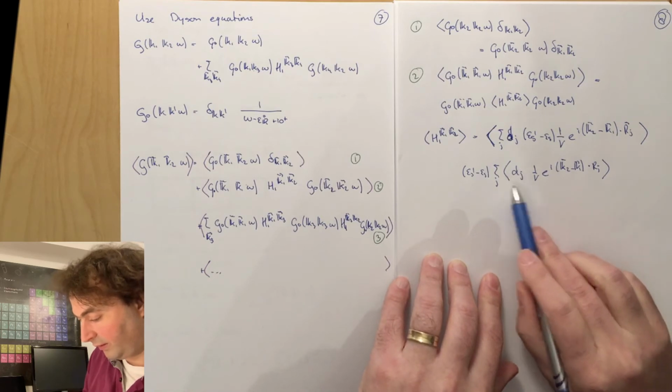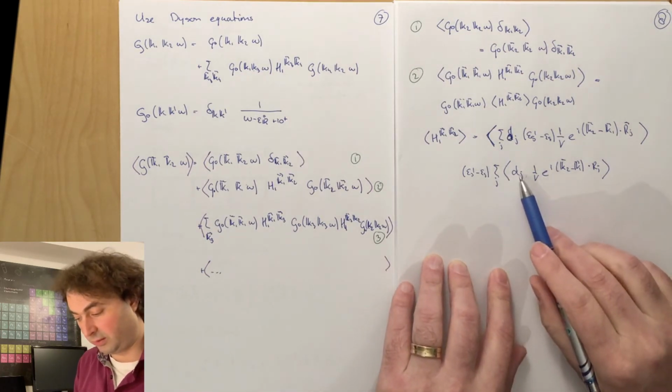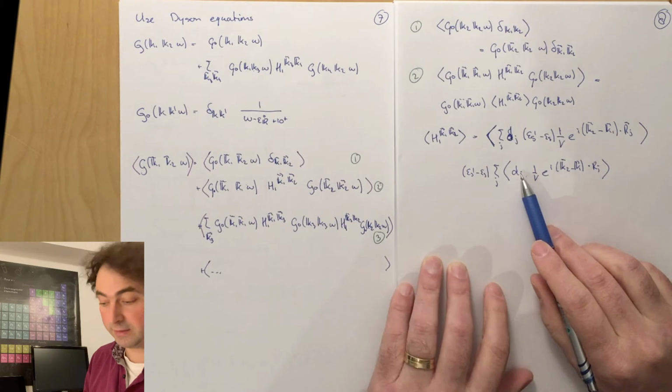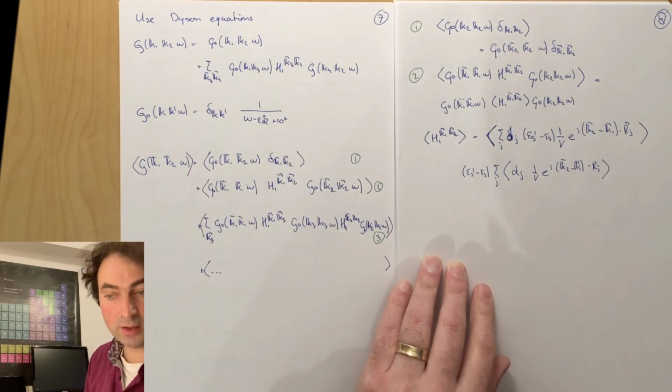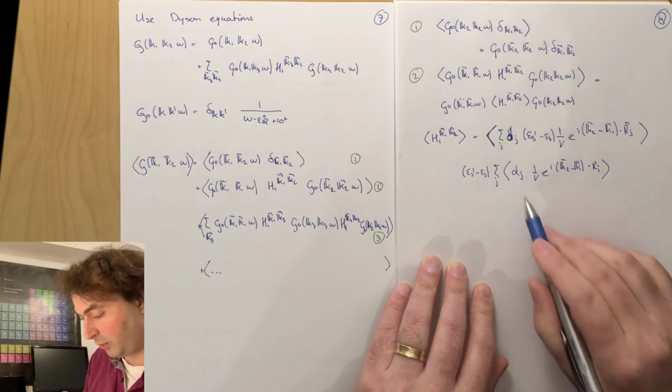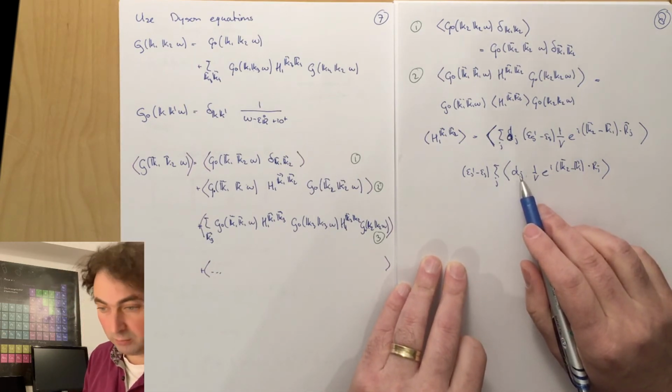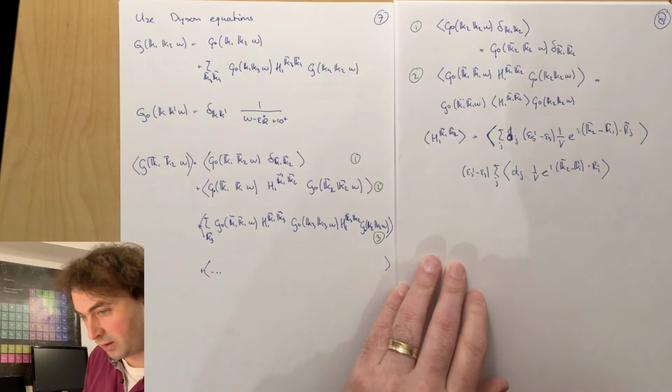And here the only thing that depends on the random distribution of your impurities is dj, and the average over dj just gives you the probability to have that impurity. It's a probability p for 1 and probability 1 minus p for 0.